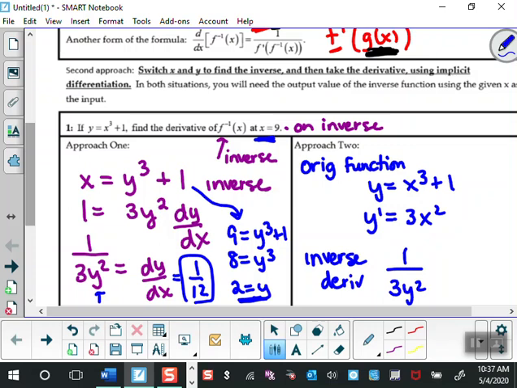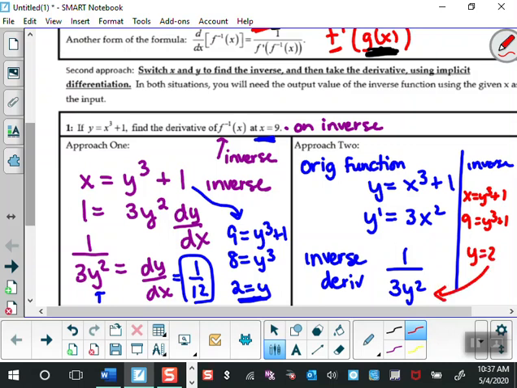But the thing is, what do you put in for y? That's always the trick. And it's not the y that comes from the original. You still have to think about an inverse. You have to think about on the inverse function when x equals y cubed plus 1, when x equals 9, that y would equal 2, and that's what goes in there.